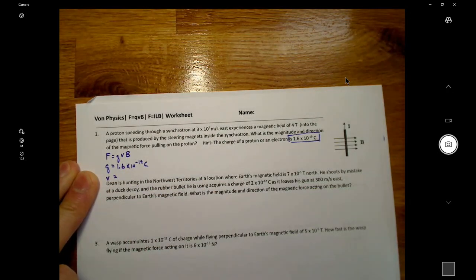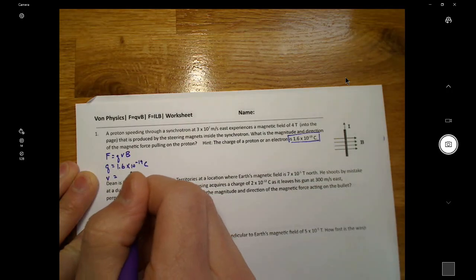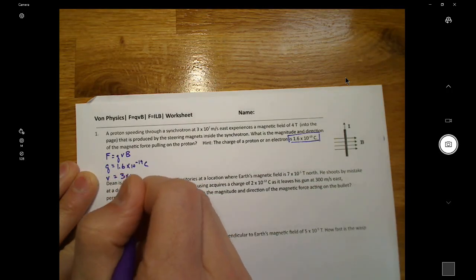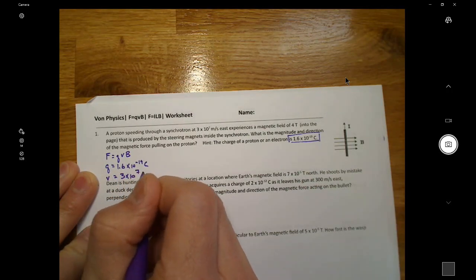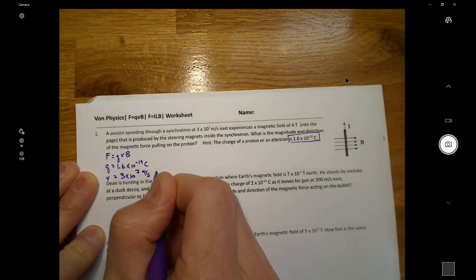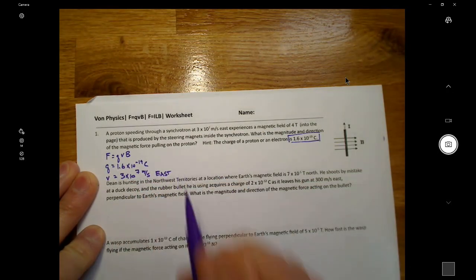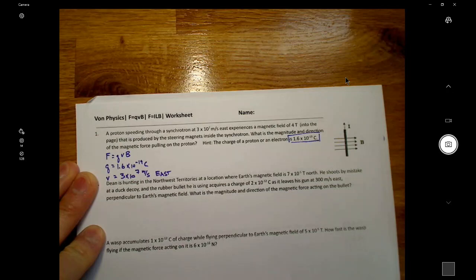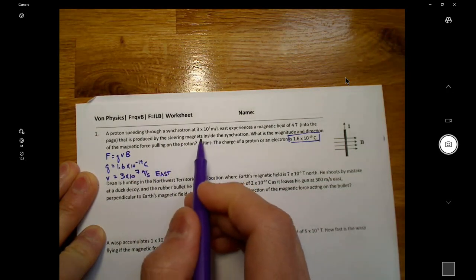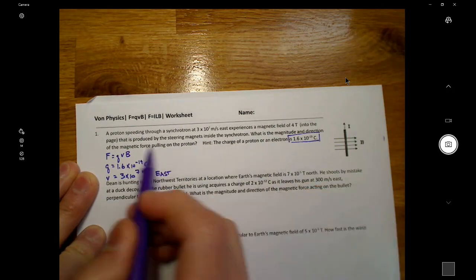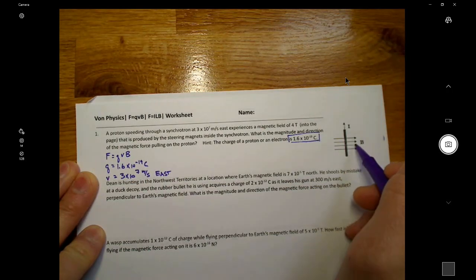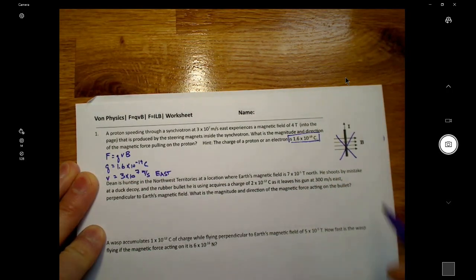The velocity on the proton is 3 times 10 to the 7th meters per second, and it says east. And it says the magnetic field is going into the page. So this drawing here is actually not right. So we're going to ignore that drawing.